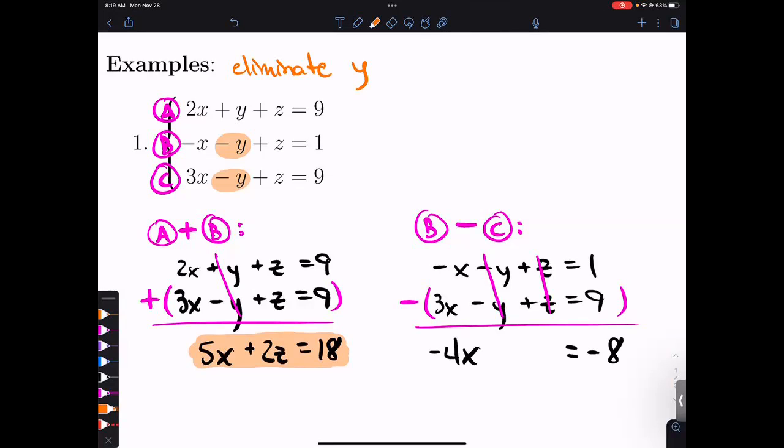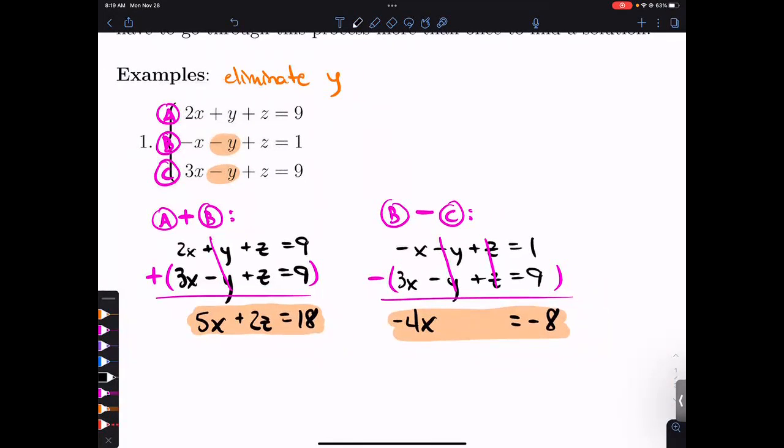Okay, so we kind of got lucky here a little bit. What does that tell you? That x is 2. If x is 2, then I can start working my way backwards, right? If x is 2, where should I go?